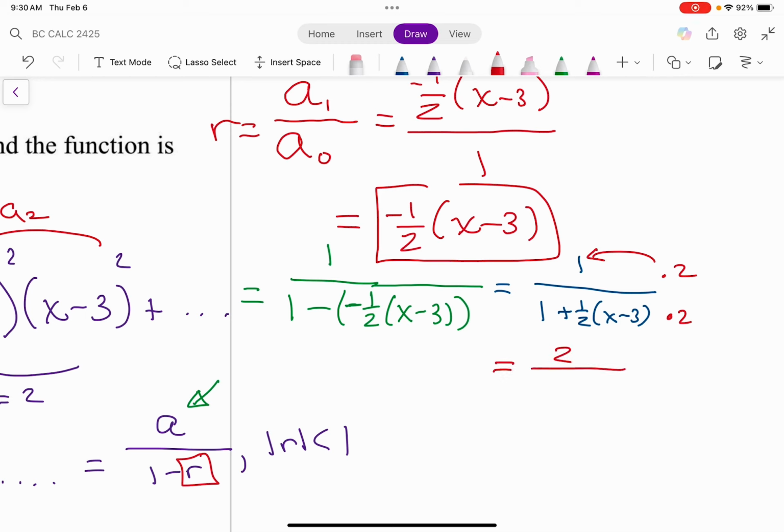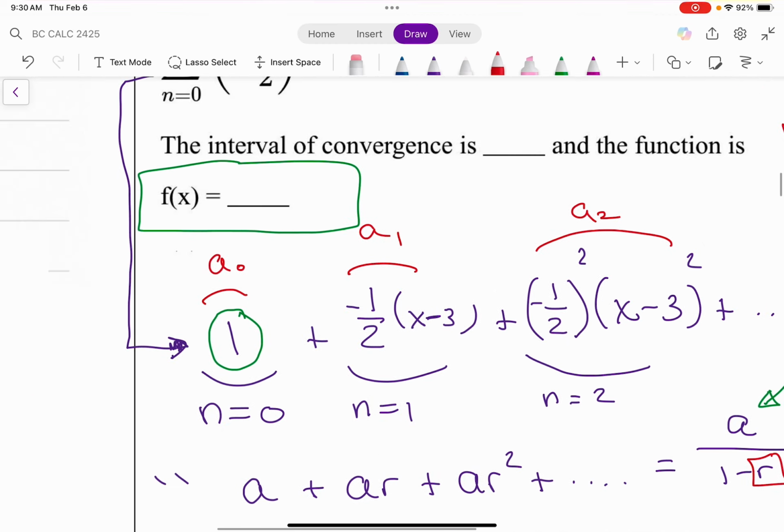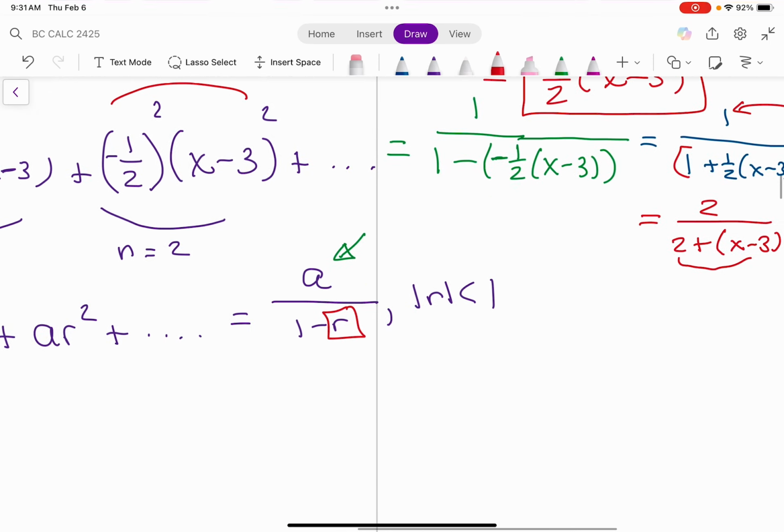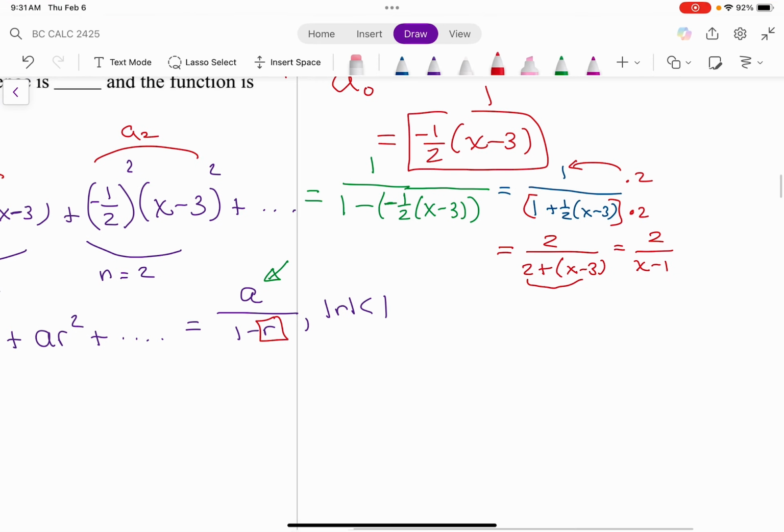When you distribute this 2, you get 2 plus, and then 2 times 1/2 is 1. So you get 2 over, and then this 2 plus this negative 3 gives us a negative 1. So we get x minus 1. So 2 over x minus 1 is the function.